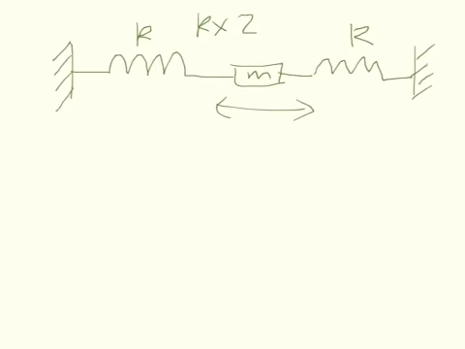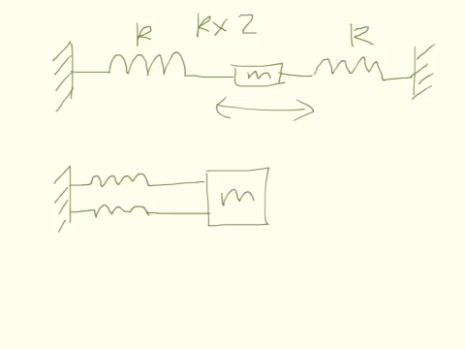Pretty much you can have different variations as combinations of springs. You could have a double spring system like so, where it's oscillating backwards and forward.